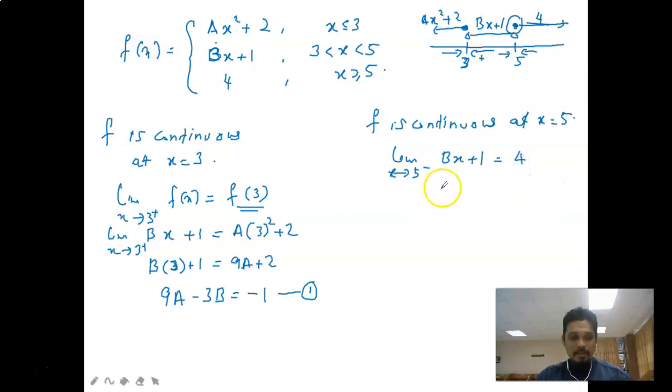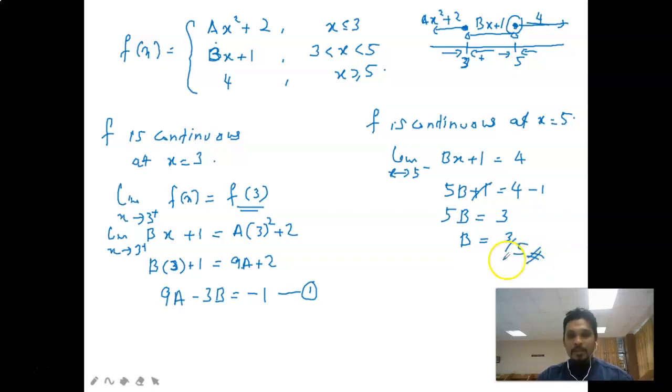Substituting x equal to 5, we get 5b plus 1 equals 4. Bringing 1 over becomes negative, so 5b equals 3, then b equals 3 over 5.